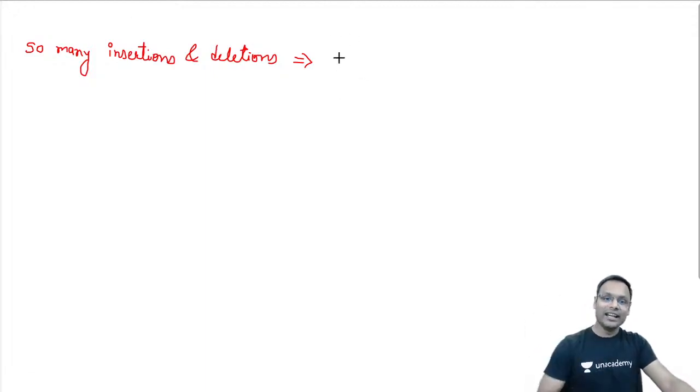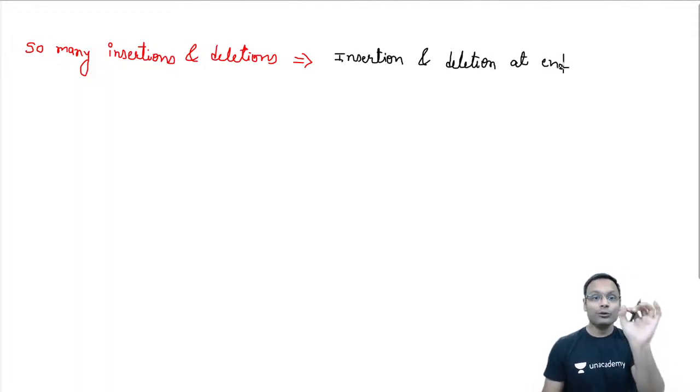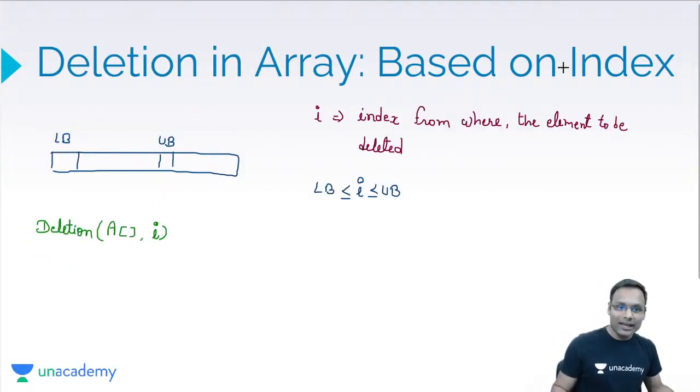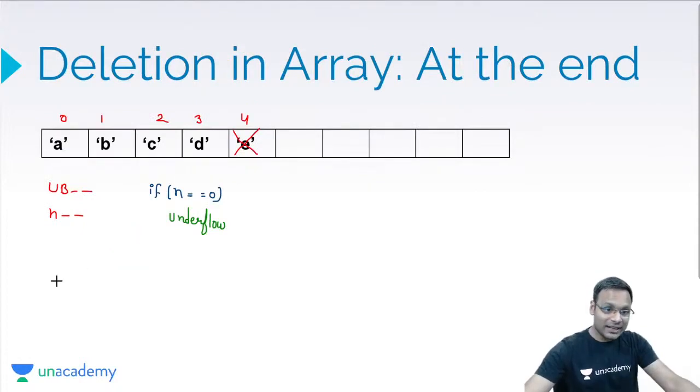Insertion and deletion at the end. You should prefer insertion and deletion at the end. Why? If you are inserting and deleting the elements at the end, the complexity required is constant.